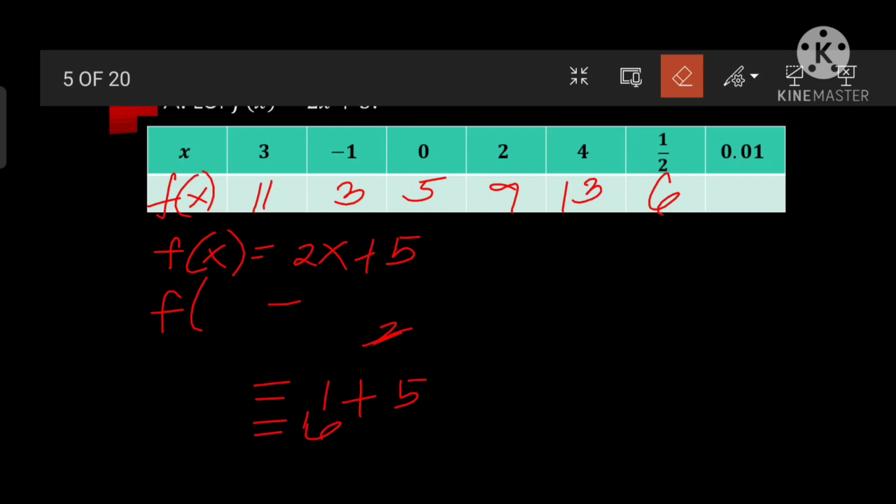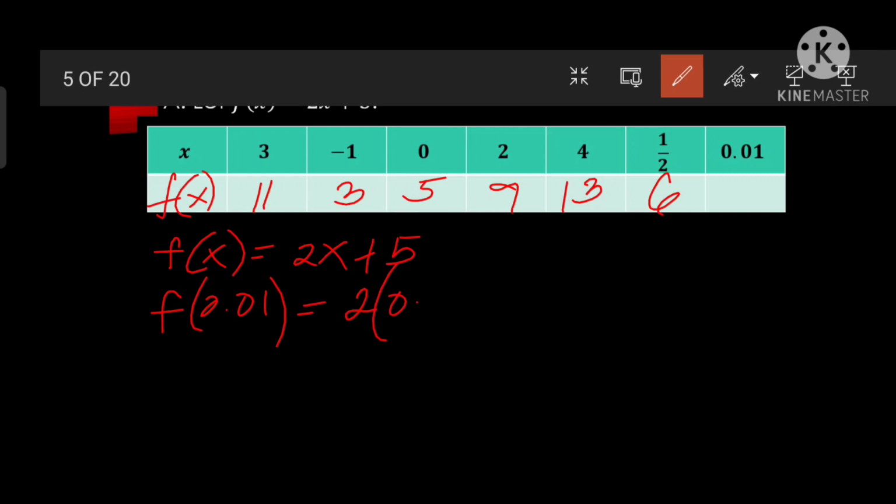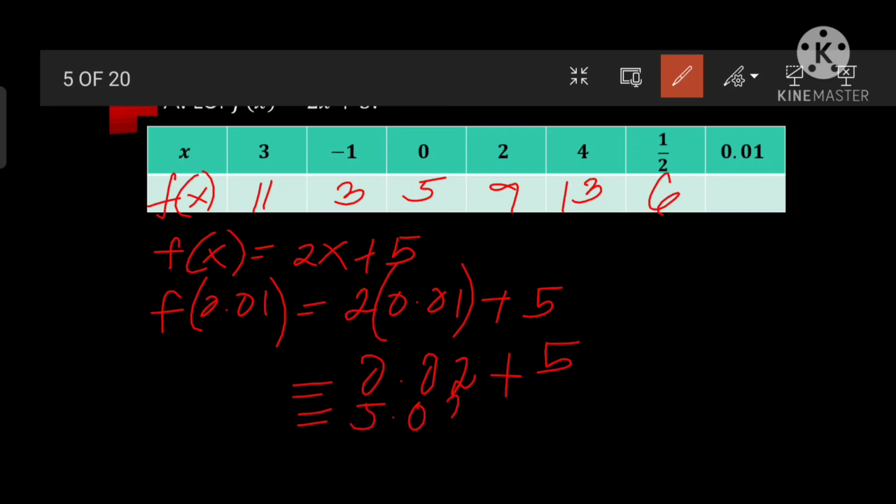And for the last one, we have 0.01. So 2 times 0.01 plus 5. So 2 times 0.01 is simply equal to 0.02, plus 5 equals 5.02.